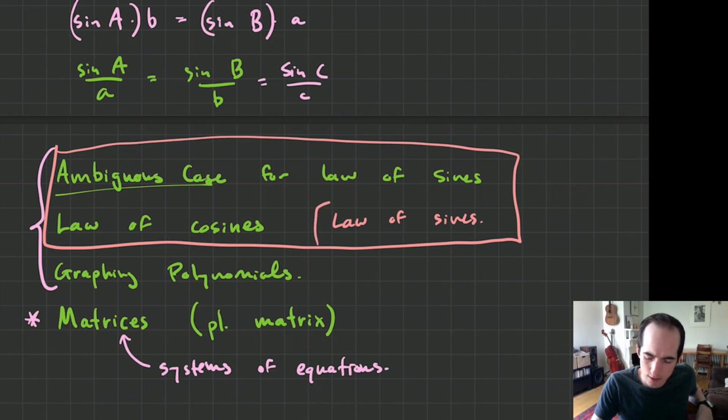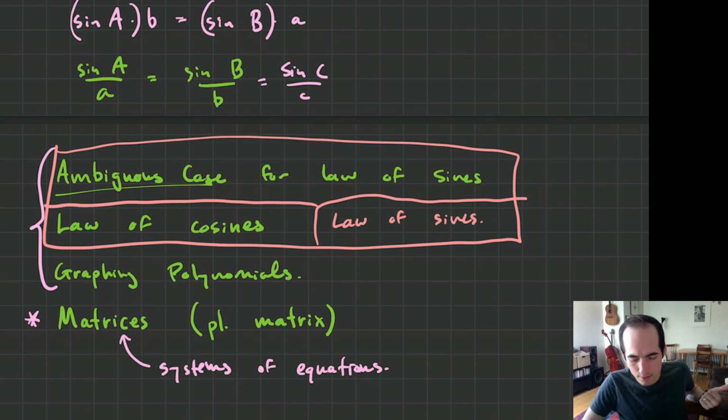So it'll be another sort of triple set: ambiguous case, law of cosines, and law of sines. There will be an assignment coming this week. Today's Wednesday, and I'm hoping to have it done by tomorrow so you can get started on it.